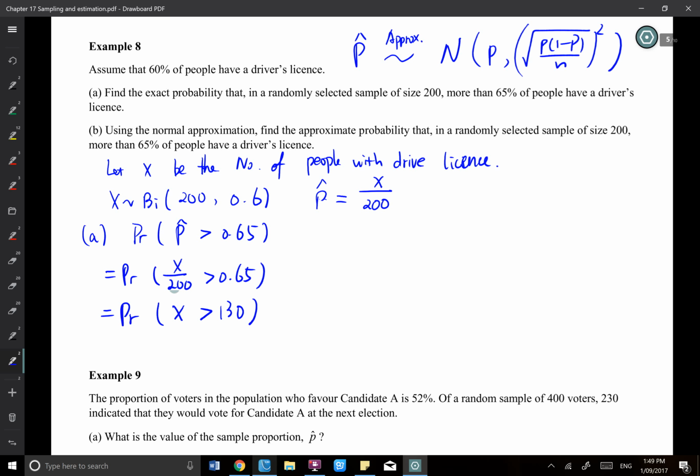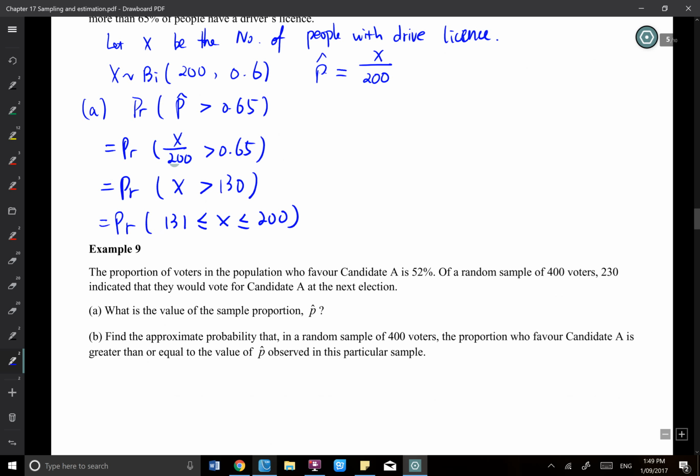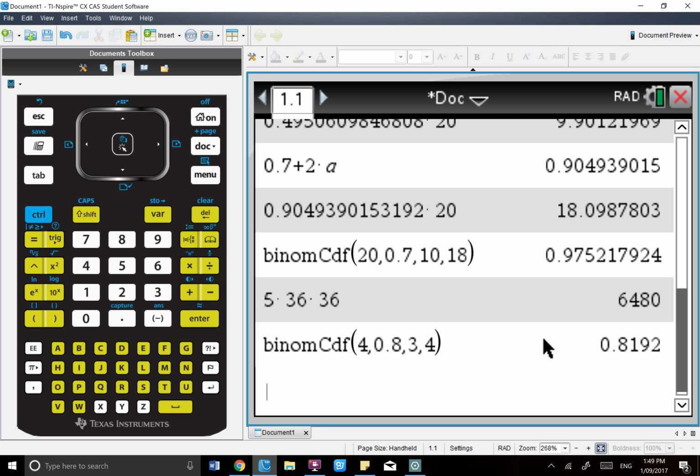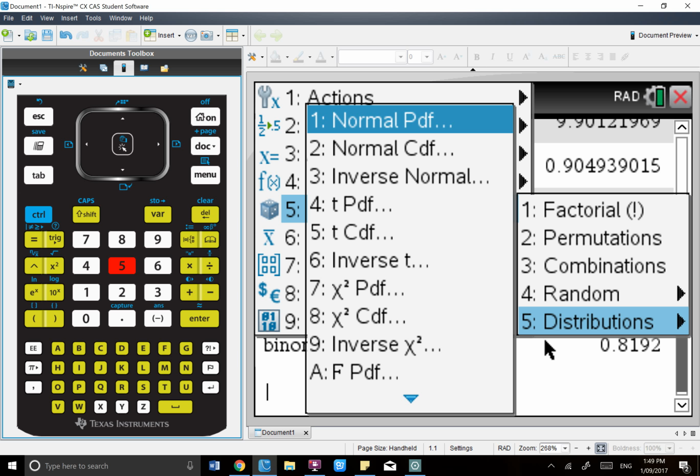I want greater than 65%, so I can't take 130. This probability is actually from 131 to 200, since I just have 200 people. That is the correct range if you type it in the calculator. Menu, 55E.